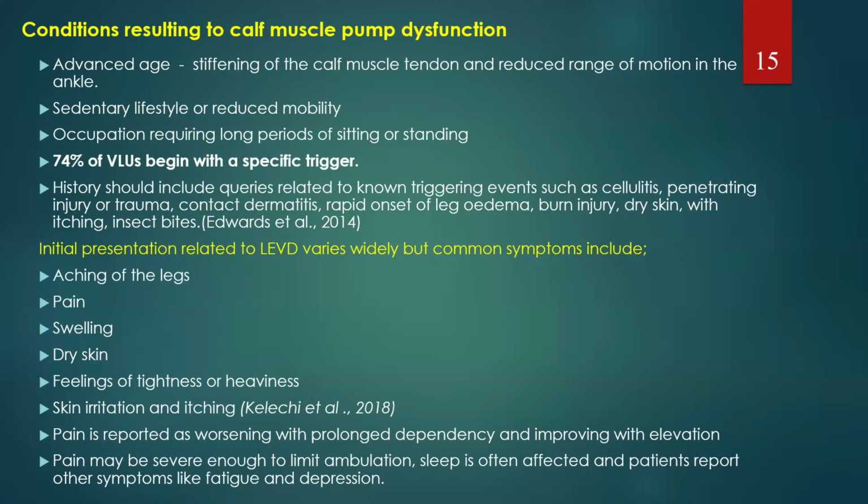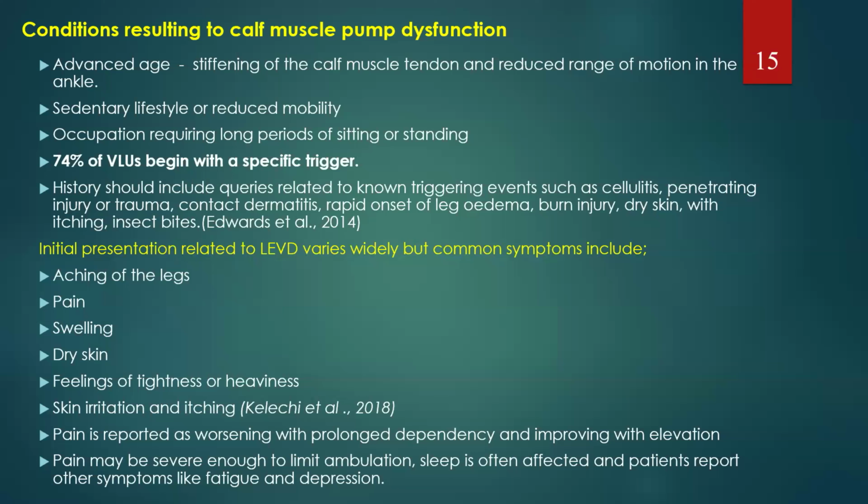Yes, yeah. So most of the patients who come with this disease will also come with a history of how the disease started. So 74% of patients who come with these conditions will give you a history of specific triggers. Some will tell you that I had a penetrating injury, and maybe I had an insect bite.